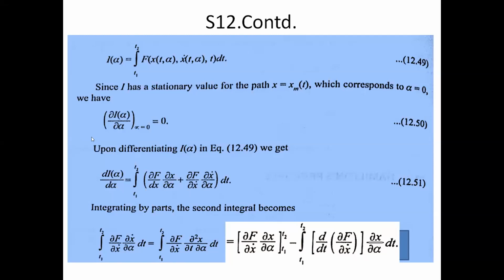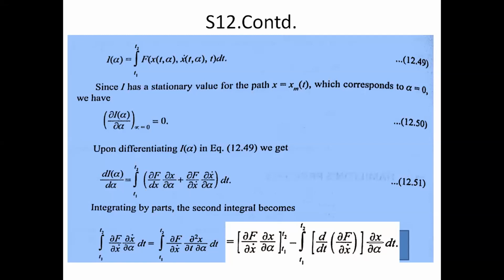For stationarity for the path x equals x_m(t), which corresponds to alpha equals 0, I should have the first derivative of this integral with respect to alpha at alpha equals 0 equal to 0.